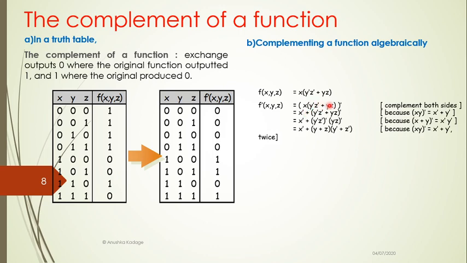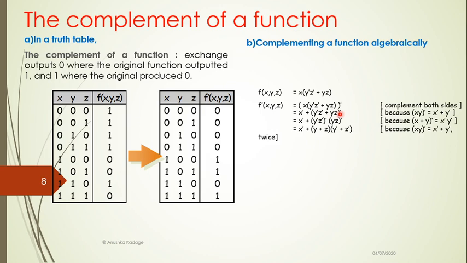Now we are treating this whole bracket as a term, keeping this bracket as a term itself and making its complement. We are keeping this outer part as it is and on this bracket we are applying the complementing rule.